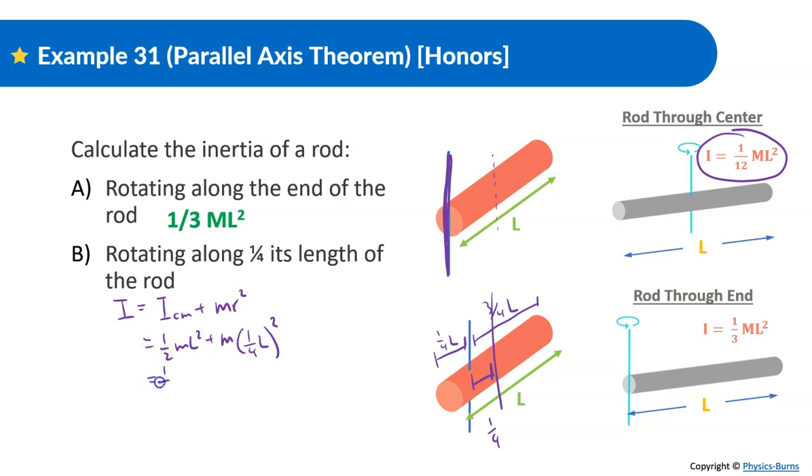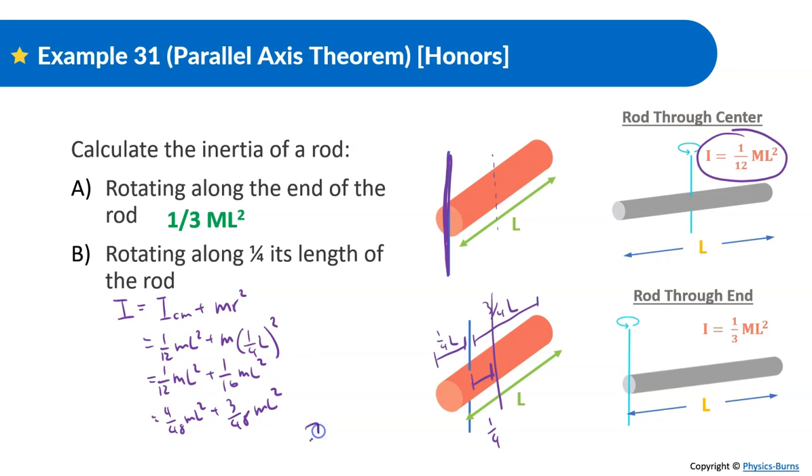So let's simplify. 1/12 ml squared plus 1/16 ml squared. It's going to equal, it's a lot. Using 48 as the common denominator, 4 out of 48 ml squared plus 3 out of 48 ml squared.